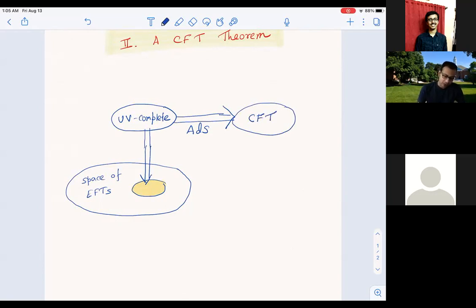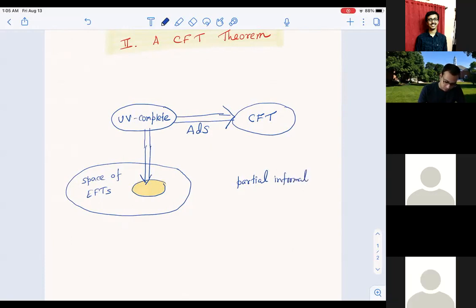Now, because of this low energy effective field description, we have some partial information about the dual CFT. For example, we know some of the low-lying operators. We know there is a scalar operator. We know there is a stress tensor.